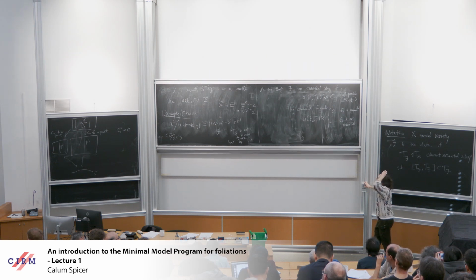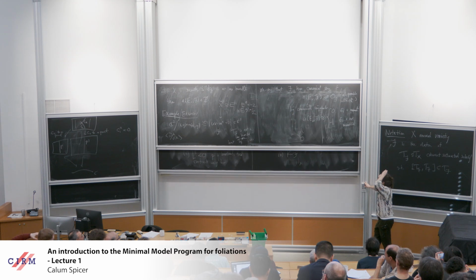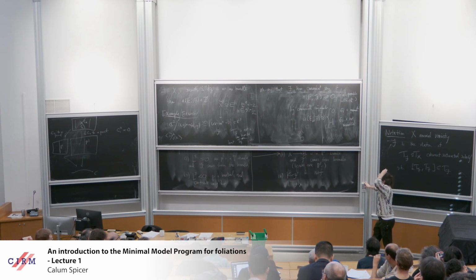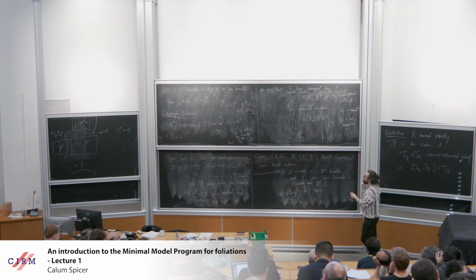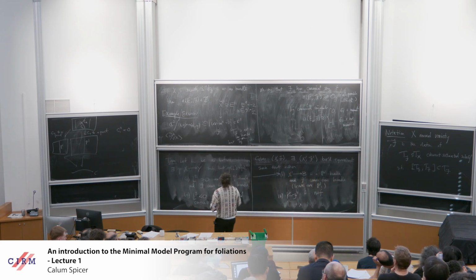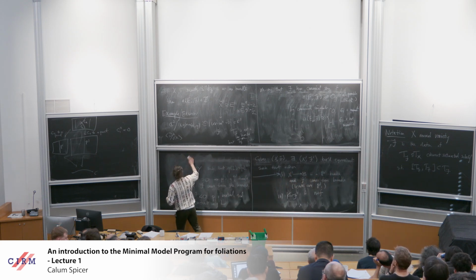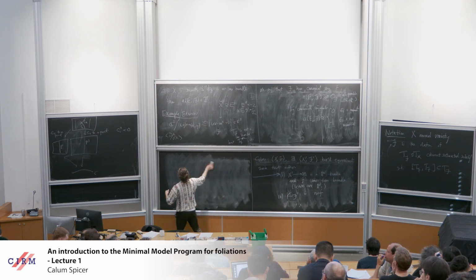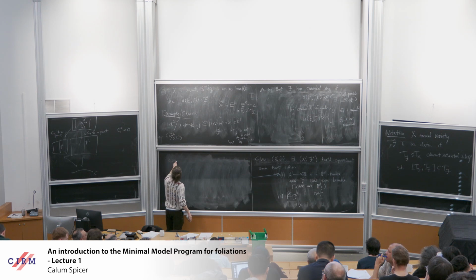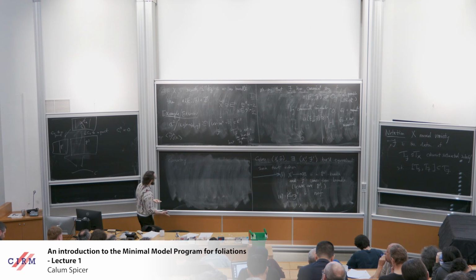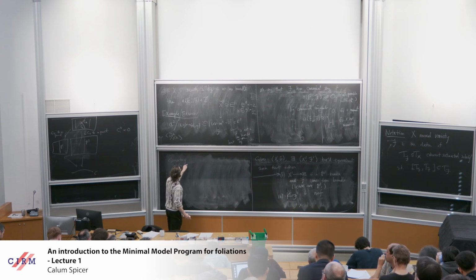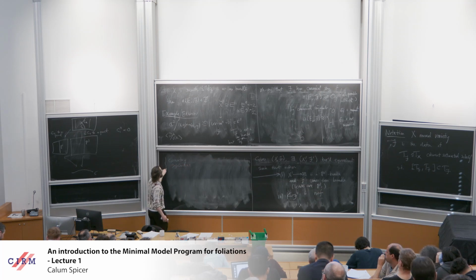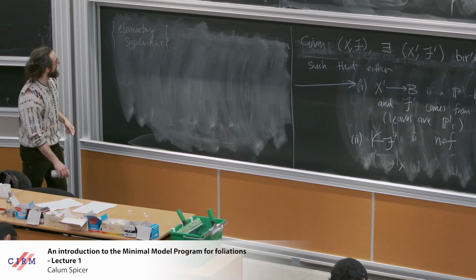So from Lorena's talk, there were two important classes of singularities: elementary singularities and reduced singularities. Recall elementary singularities just means that it's either a smooth point or the linear part of the vector field defining the foliation has a non-nilpotent linear part.